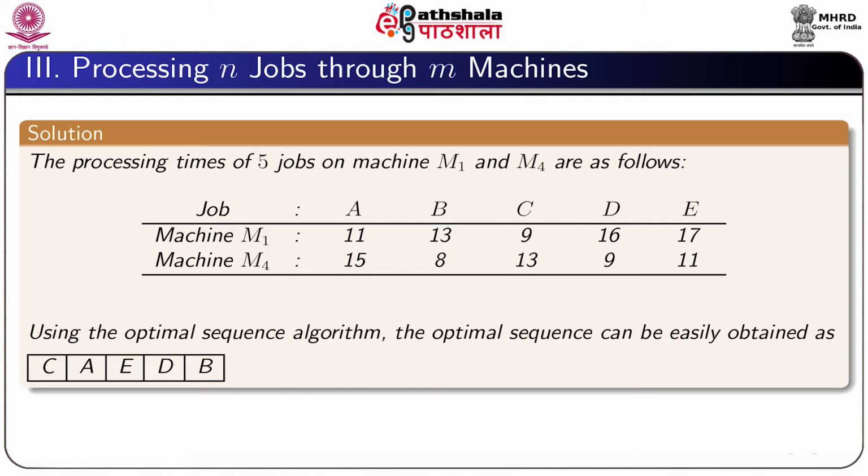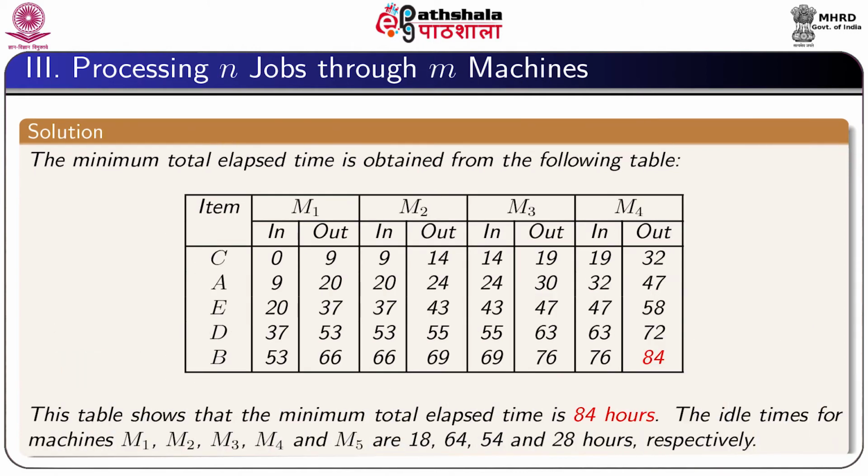Following the algorithm, we find the optimal sequence as C, A, E, D and B. The total minimum elapsed time is obtained from the following table, which is 84 hours, and the idle times for machines M1, M2, M3, M4 and M5 are 18, 64, 54 and 28 hours respectively.